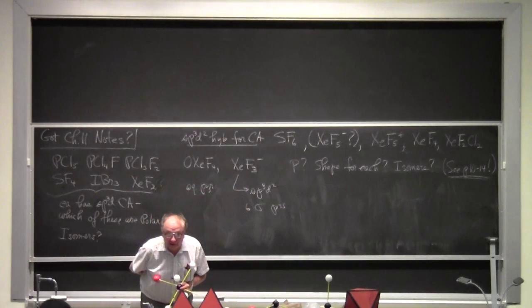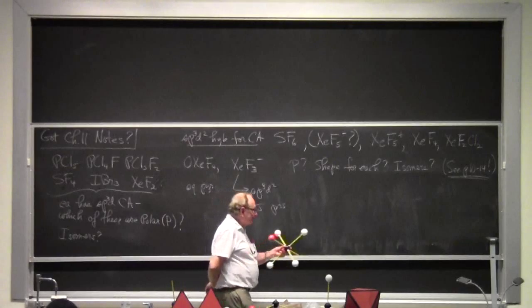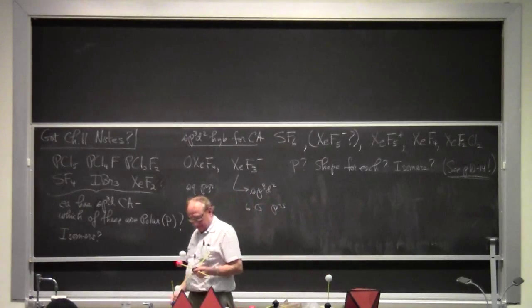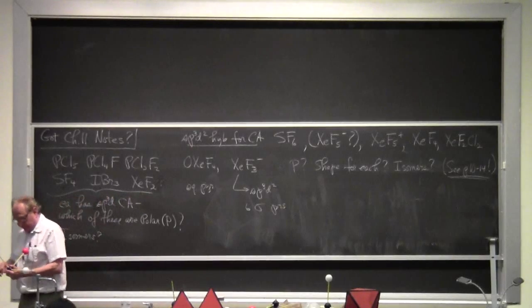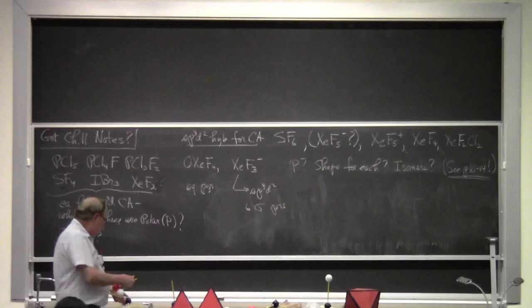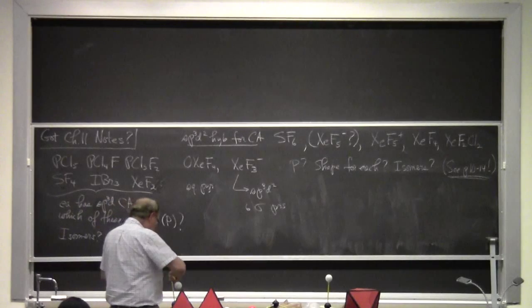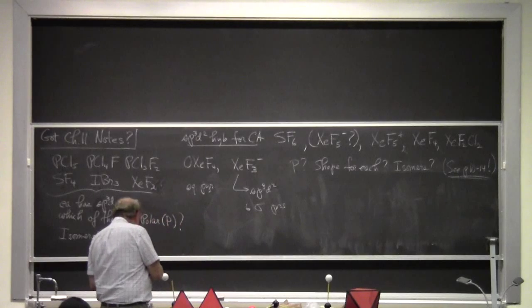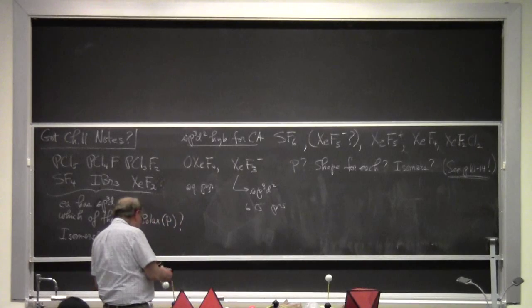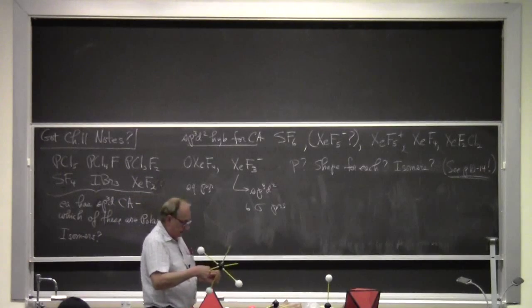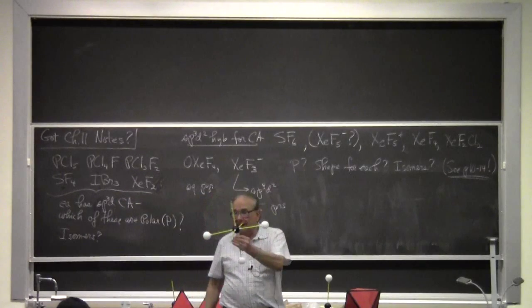So how many non-bonding pairs? 3. It's all right here. It's not difficult. So the question is, so I have the non-bonding pairs like this.